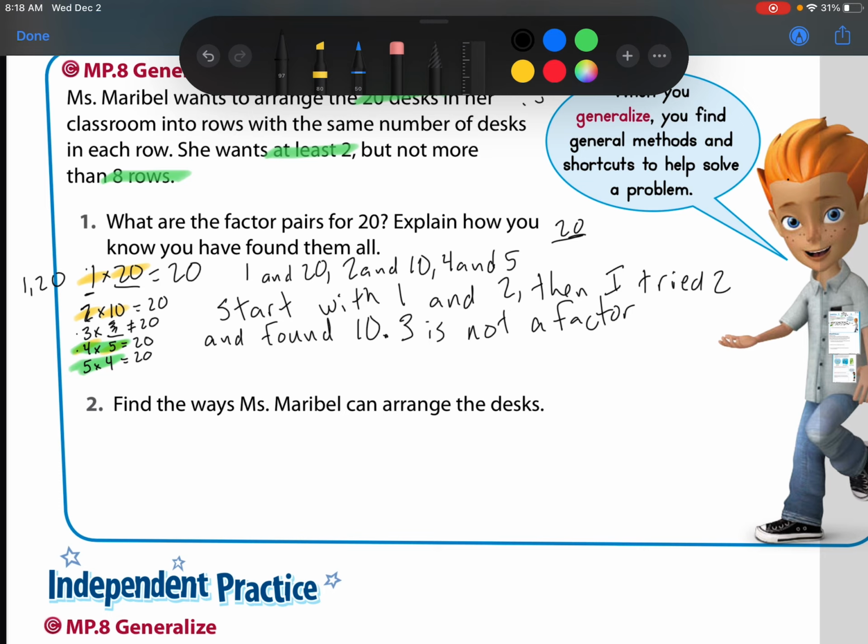But 4 was. And then what do I know? When I tried 5, what did I notice? I noticed that its factor pair was the same.